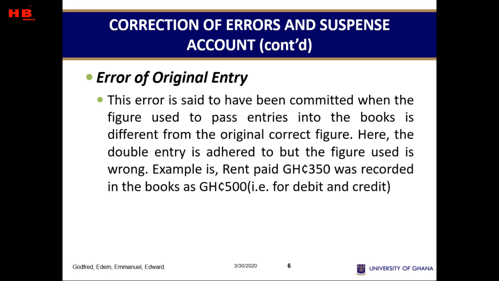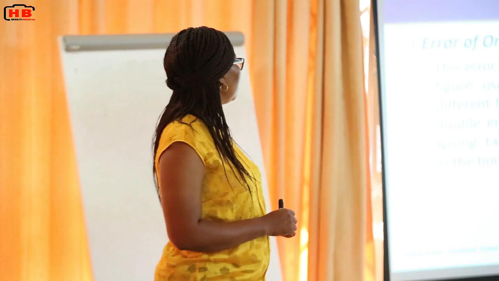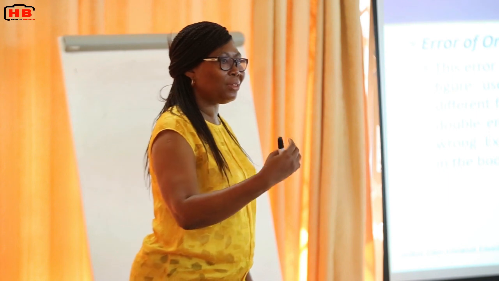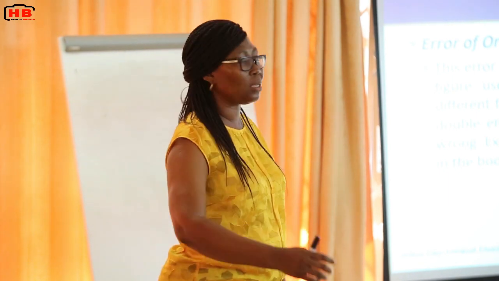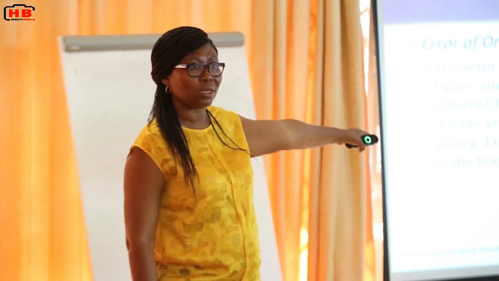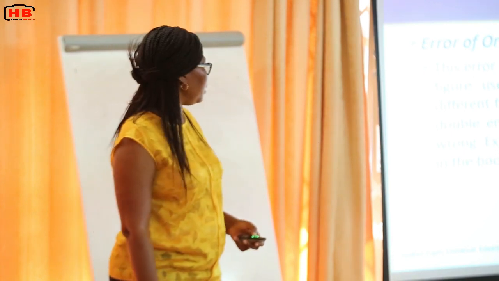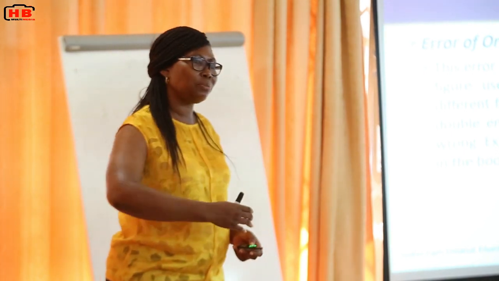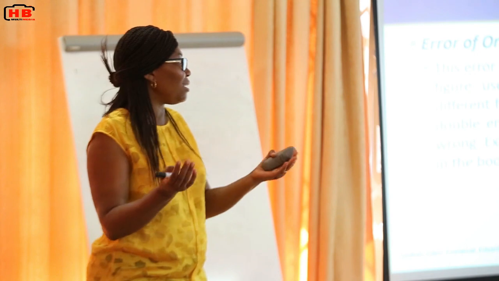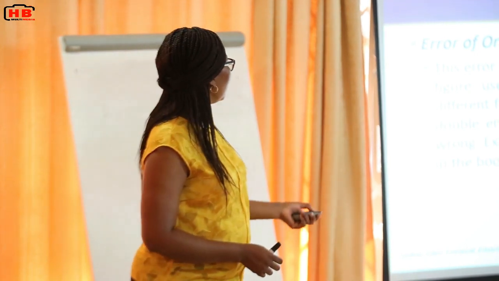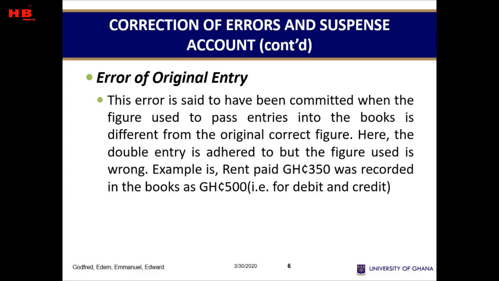Once you are debiting rent 350 and crediting cash 350, whichever way, it will still balance. But in real sense, the intended amount was how much? 500. So the original entry, the starting point, the figure quoted was wrong. But double entry still plays out, and the wrong figure has been used throughout. And so that makes it agree. That is the error of original entry.